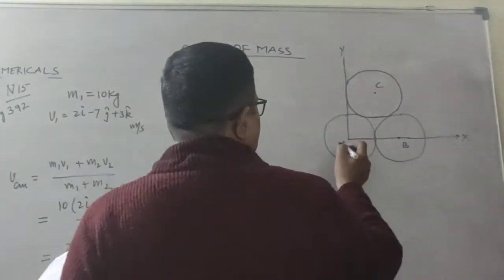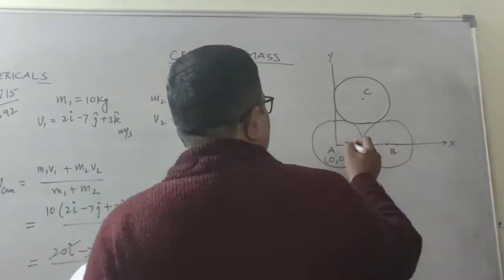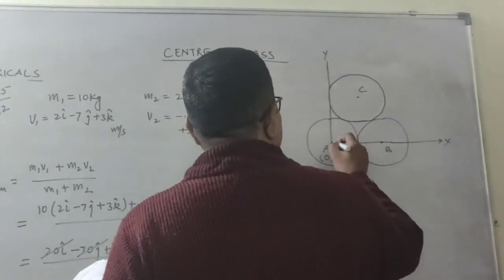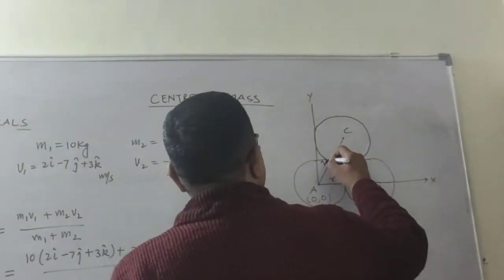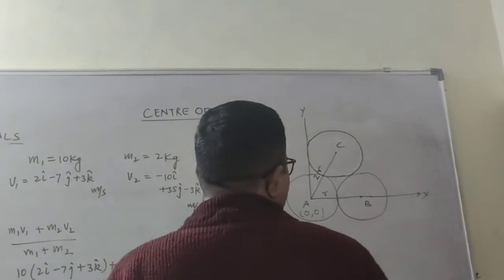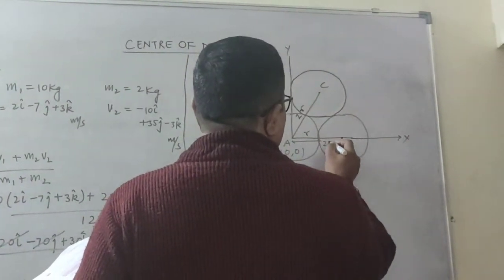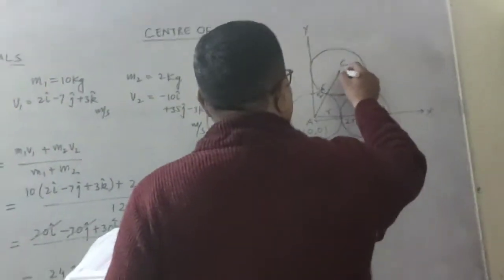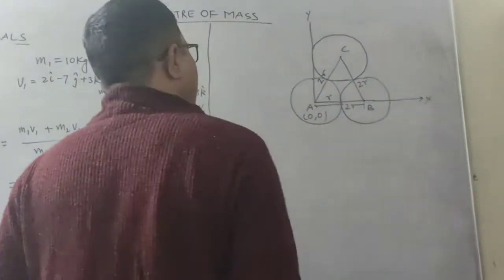So the coordinates of this is 0, 0. This radius is equal to r. This one is r and this is also r. So this becomes 2r. This is also 2r. This is also 2r.